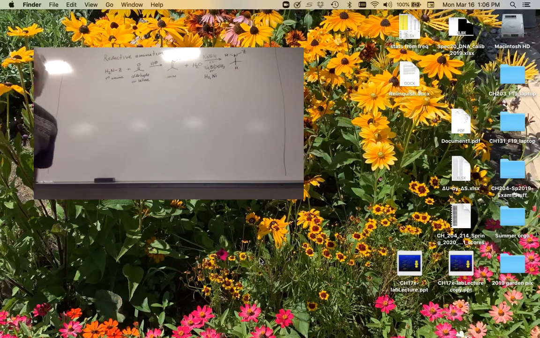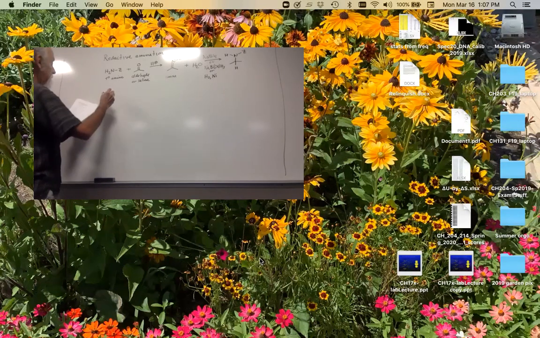Well, it's the same thing that is happening here, except that now it's a carbon-nitrogen bond. Okay, so that's reductive amination.